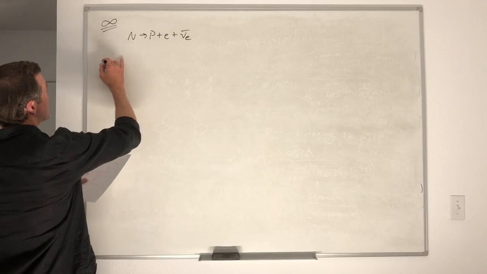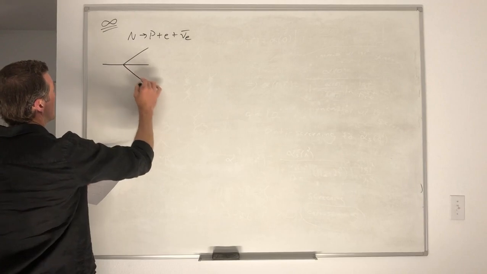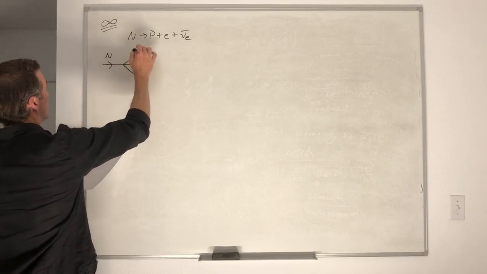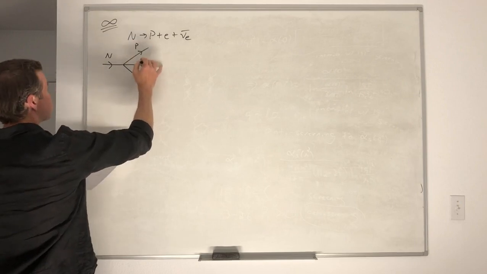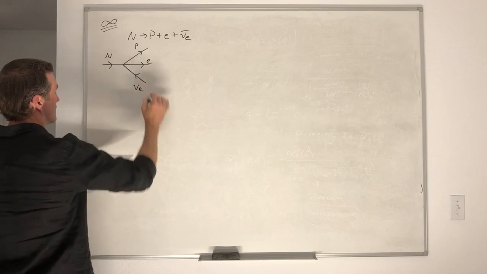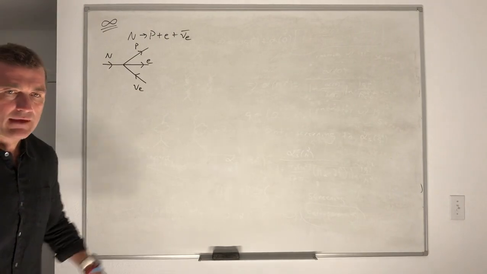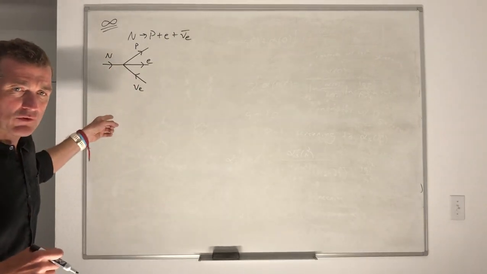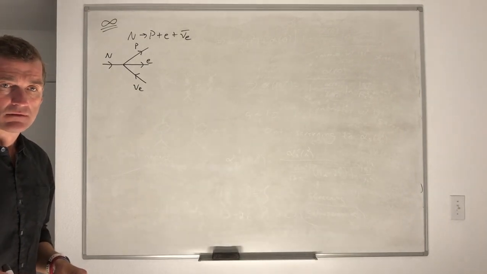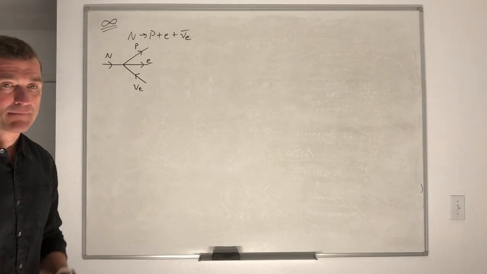So this is the first tree level diagram that was drawn. Okay? Now, if you look at this, I will ask you, does this actually arise in the standard model? Four matter particles all meeting at a point.